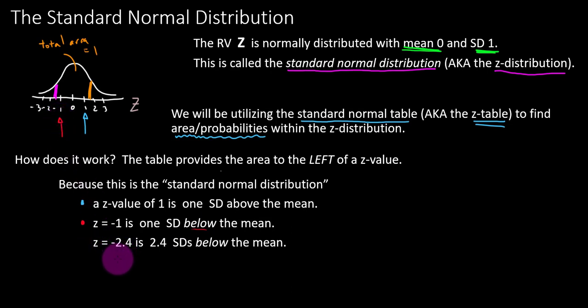Negative 2.4 would be 2.4 standard deviations below the mean. So that negative sign does have significance, and that would be right around there. Now these first two bullets, we could find probabilities related to one standard deviation above and below the mean. We could find those with the empirical rule properties, but we're going to instead use the table today to find probabilities.